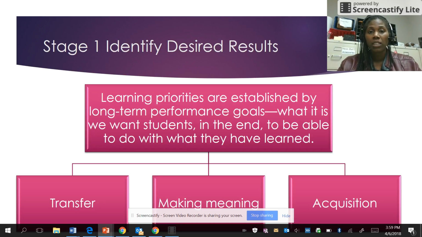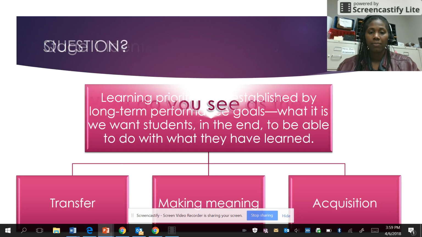This involves transfer, making meaning, and acquisition. Can they transfer these skills they're learning to new things? Does it have meaning for them? Can they understand what we're teaching them? And have they acquired those new skills to help them move on to something else? Those are always what we're looking for. Those are the desired results.